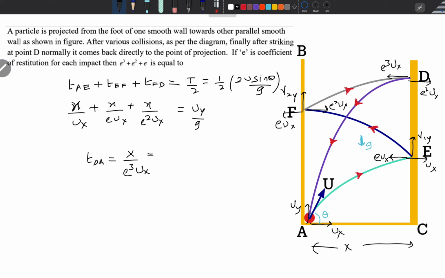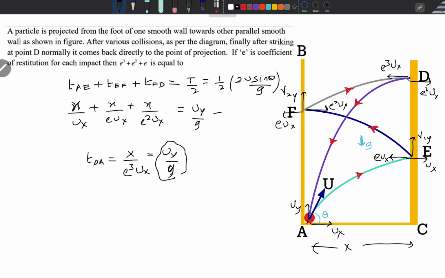This TDA should be equal to uy by g only, which is half of the time of flight, since this becomes a horizontal projectile. So this idea is very important.